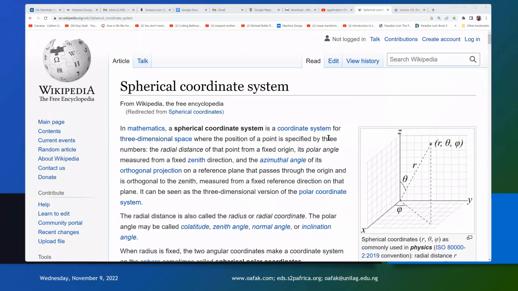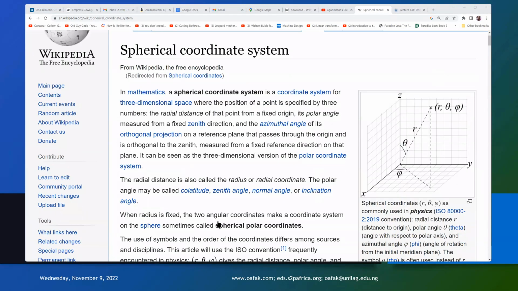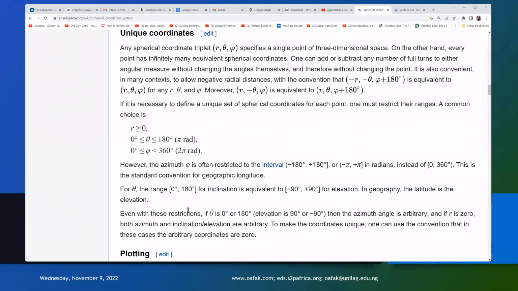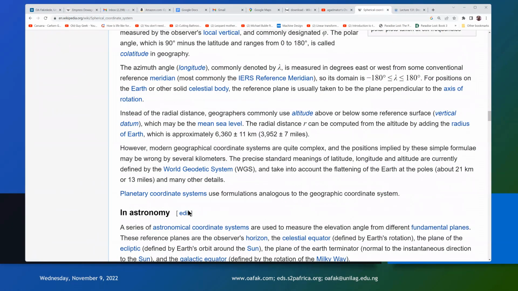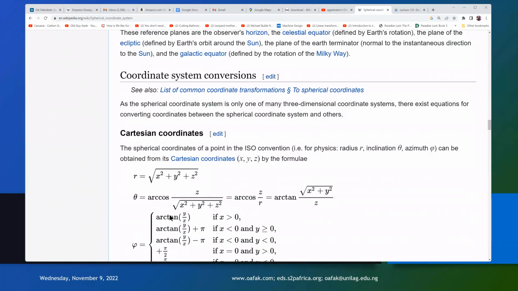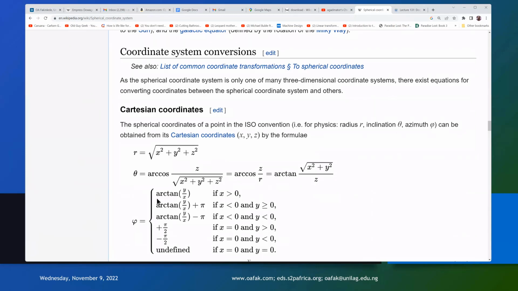What you see, I just want us to see the inverse transformation because we are always looking at the direct transformation. Inverse transformation is that phi is the arctangent of y over x.